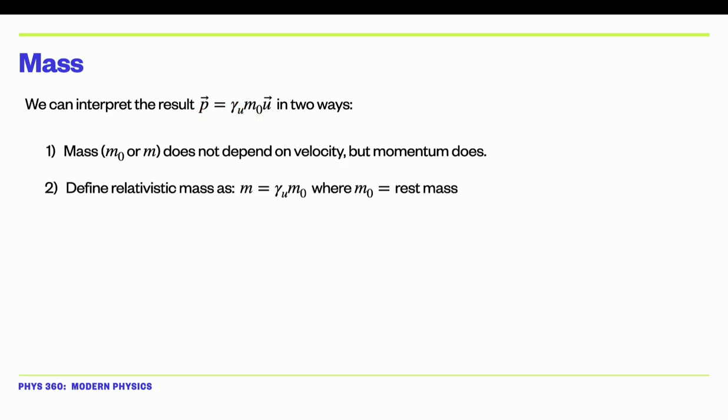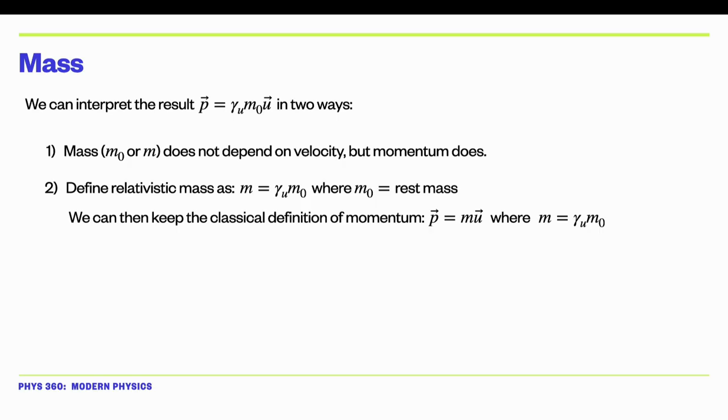The second way of thinking about it is to include the gamma factor in the mass term. So if you wanted to redefine mass as equal to gamma times the rest mass, then this is a relativistic mass that does depend on the velocity. It turns out that both ways of thinking about mass, all the mathematics works out exactly the same. It's just how you interpret it.